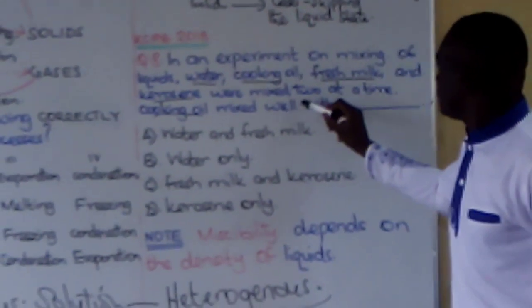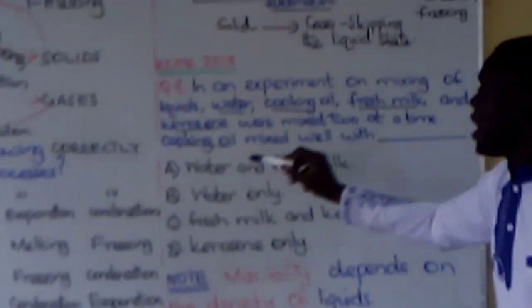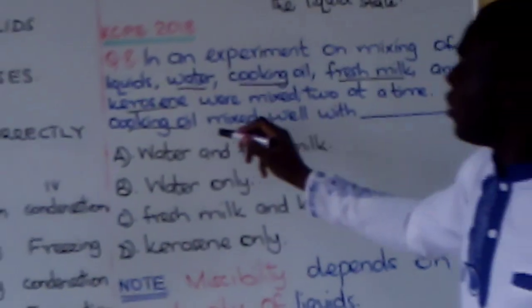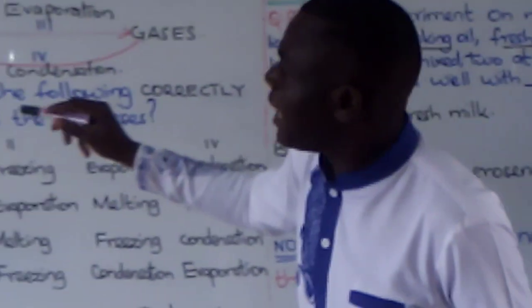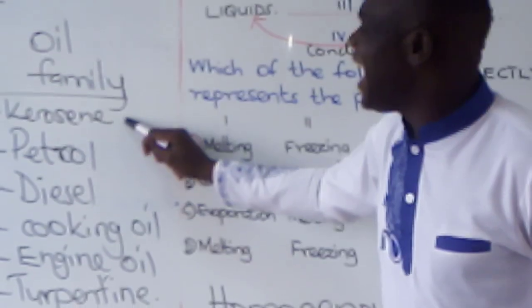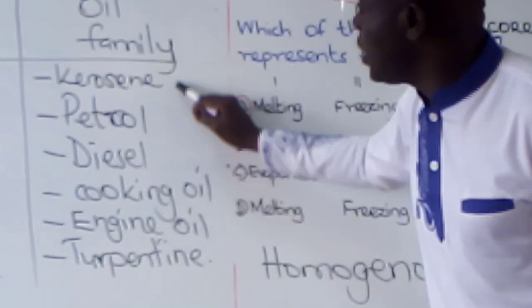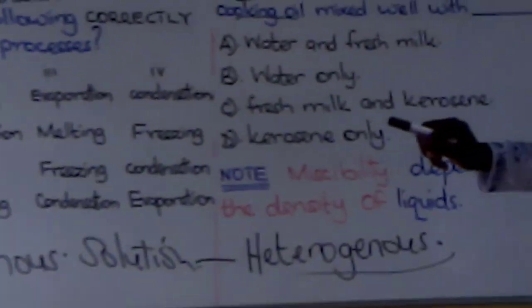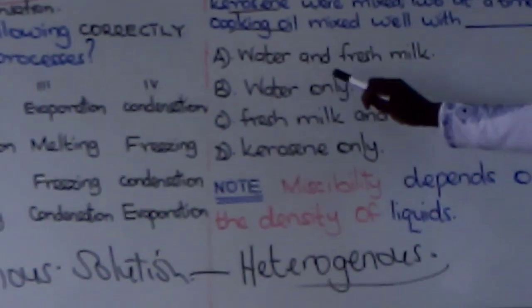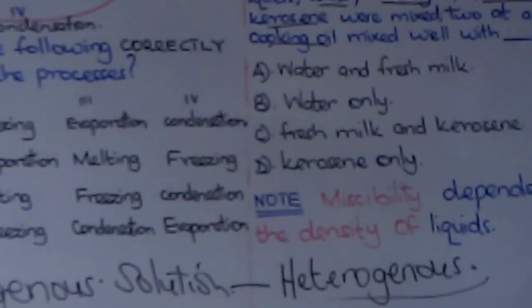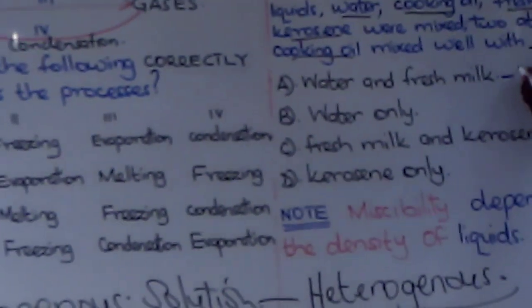Now, two at a time. Cooking oil mixed with what? Now get cooking oil. You will find it in the oil family. So cooking oil can mix with any of these liquids in the oil family. Can we find any of those liquids? Cooking oil, we have water and fresh milk. Water and fresh milk is in the water family.